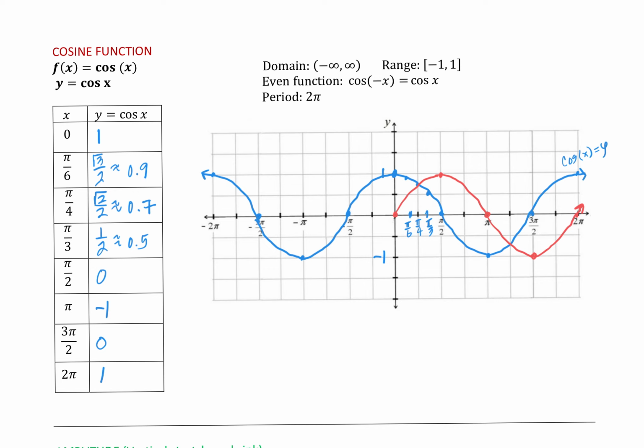So at negative pi over 2, we're back at negative 1. We go up to 0. And then we're up at 1, back down to 0. So it's nice to see these side by side. And to see that if I just shift sine pi over 2 to the left or cosine pi over 2 to the right, then they will be exactly the same.